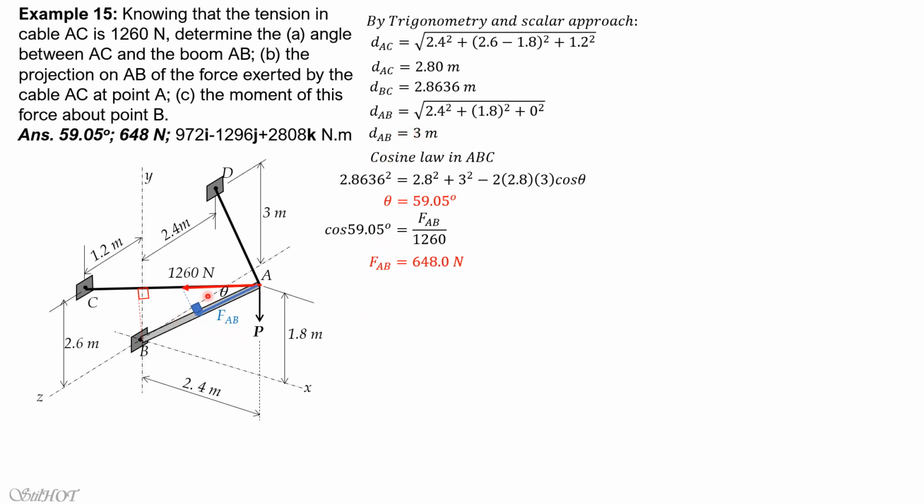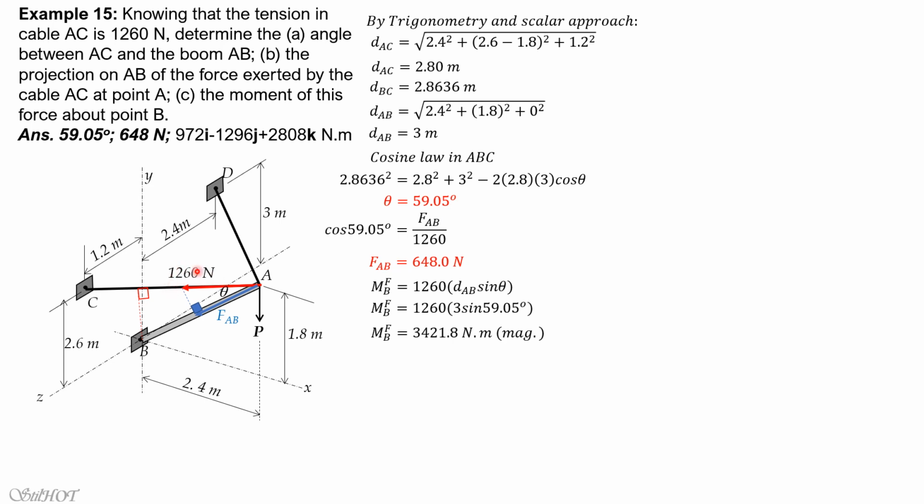So the moment is 1,260 times this perpendicular distance, which is distance AB sine of theta. Then substitute, distance AB is 3, theta is 59.05 degrees. So the magnitude of the moment of the force about point B is 3,421.8 newton meters.